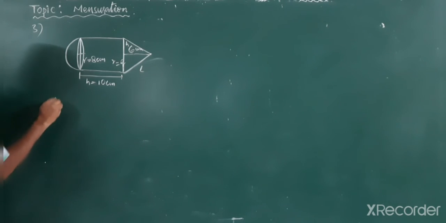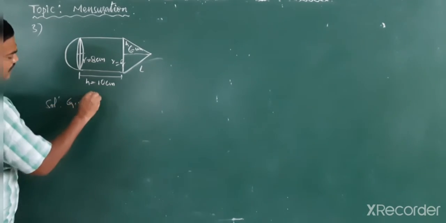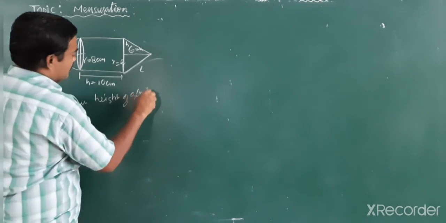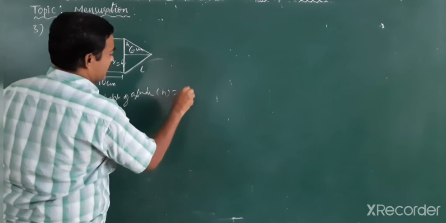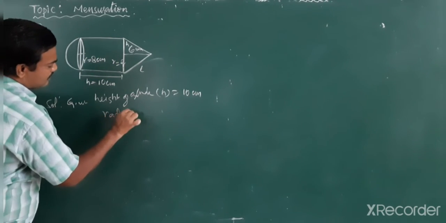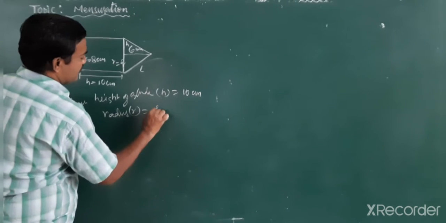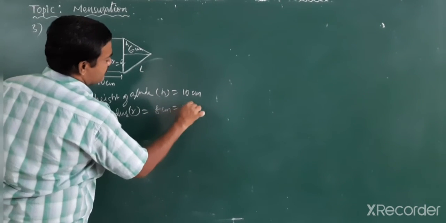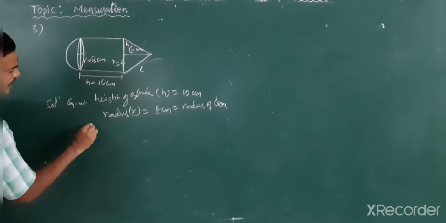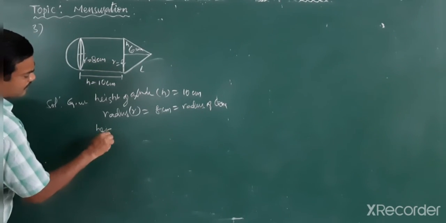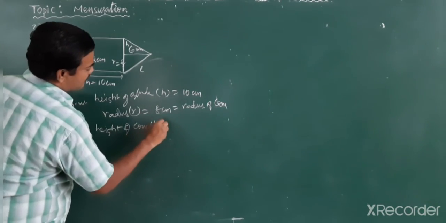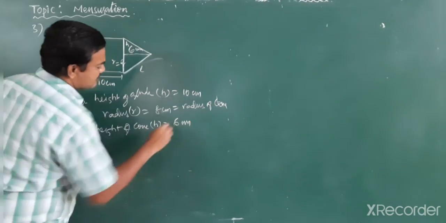Solution: given height of cylinder H is 10 centimeters and radius R is 8 centimeters, that is the radius of the cone also. Now the height of the cone x is 6 centimeters.